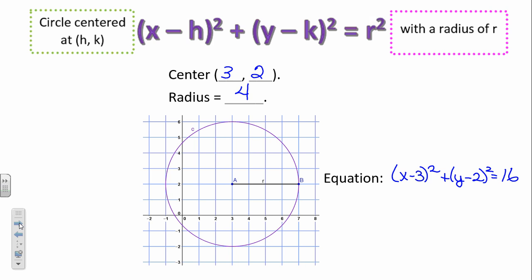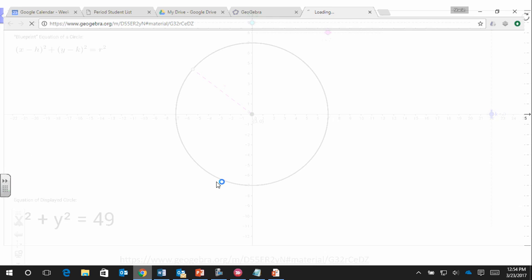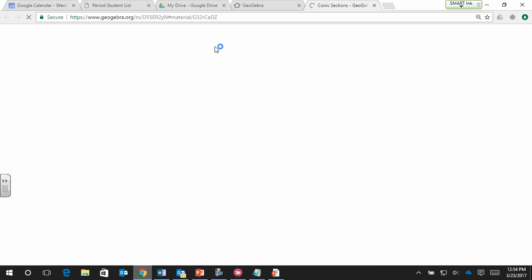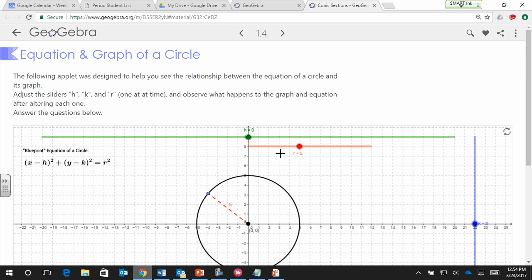Okay, so here's another applet from GeoGebra. I kind of like the way this gentleman designed it, because you can grab the sliders to move it anywhere you want to go. So his red slider is going to impact the r, right? How big is the radius?